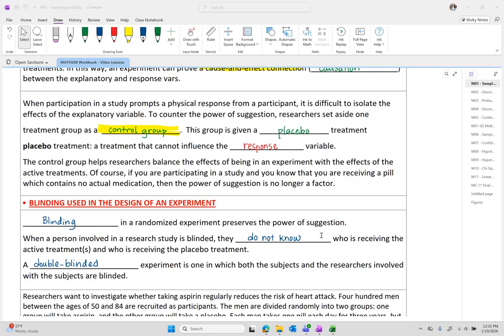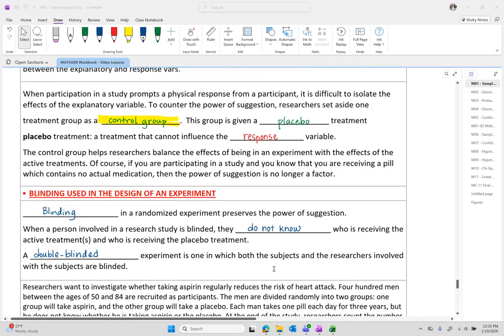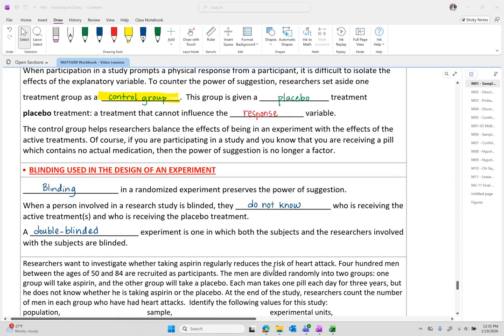Now, a double-blinded experiment is when the person administering the actual survey also doesn't know. So the researcher that will provide you with the treatment, the doctor or the person at the fitness club or at the nutrition center, the person administering you the pill or the treatment doesn't know if that is the new treatment or not, or if it is a placebo.